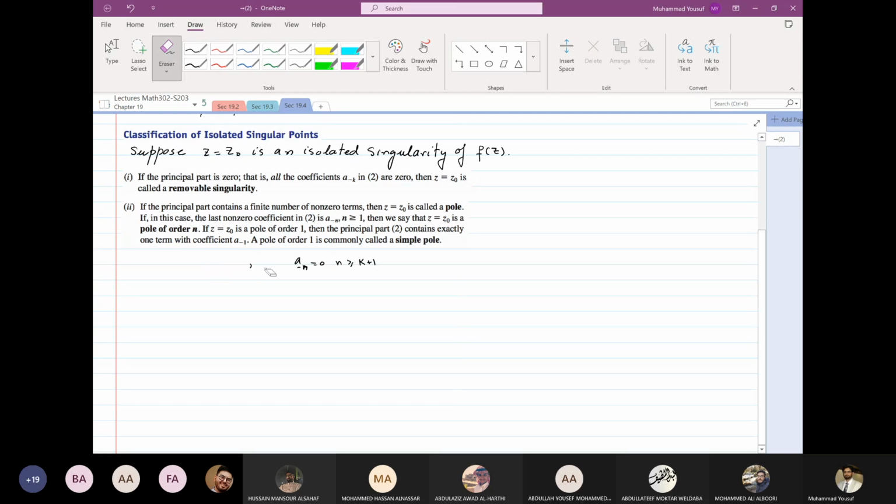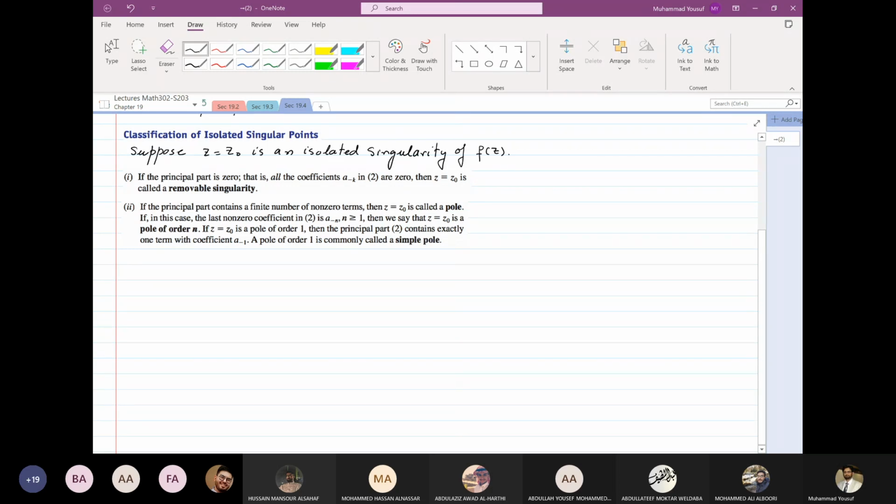In this case, the singularity is called a pole, and that number is called the order of the pole, if it is 100 or 5 or 1 or 2. But if it is 1, then we say it is a simple pole.